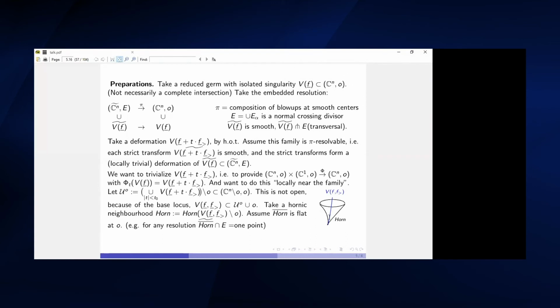So it is defined by flat functions here, or equivalently, for any resolution, this intersection with the exceptional divisor will be just one point. This is the flatness of the horn, and we will add this horn to U0 to get a better neighborhood.